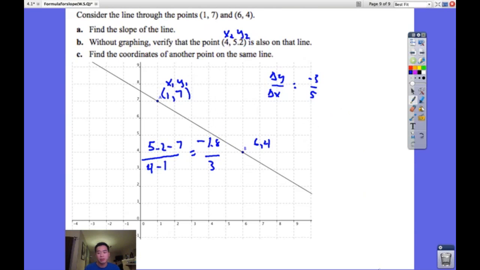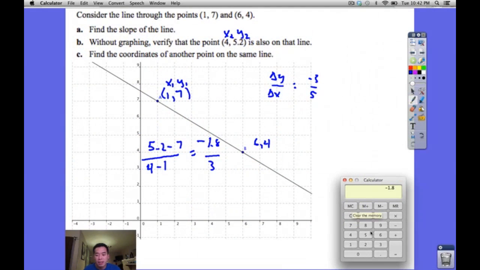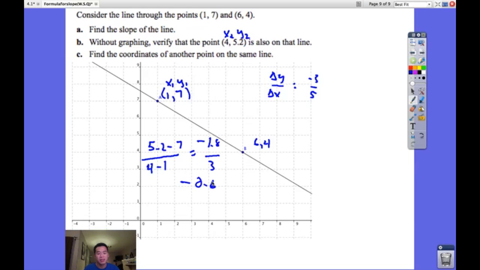What does this mean? Well, if you go back to your calculator, and I get negative 1.8, go ahead and change that into a decimal, divided by 3. I get 0.6. Why do I need to know this decimal value? Because I know that negative 3 divided by 5 will give me also negative 0.6.